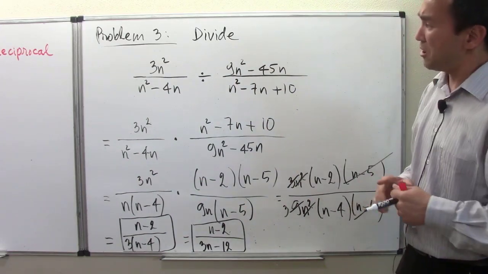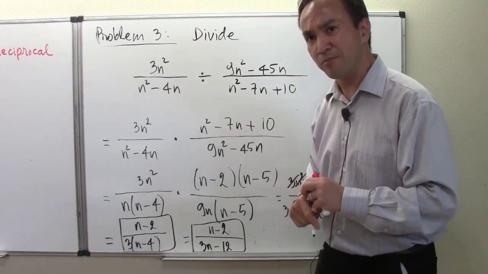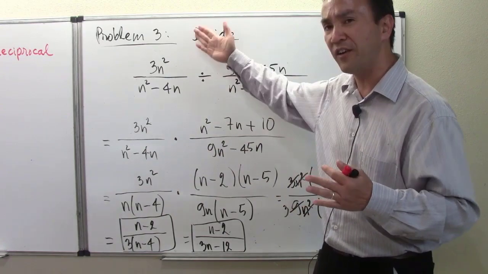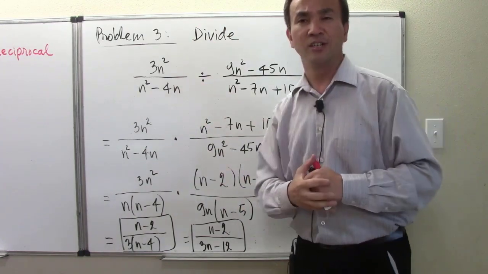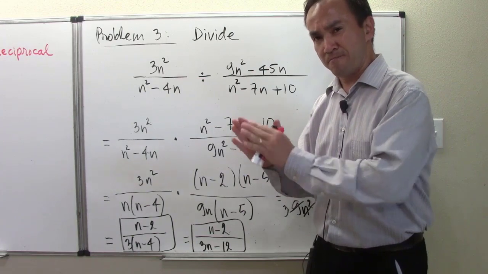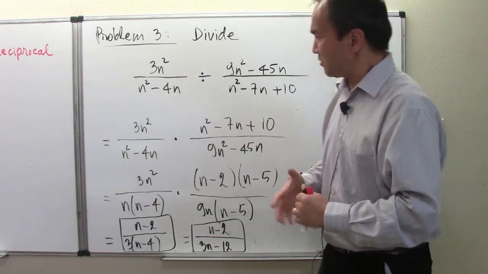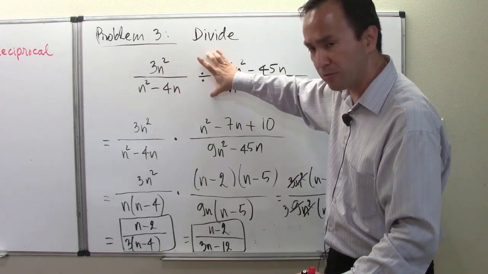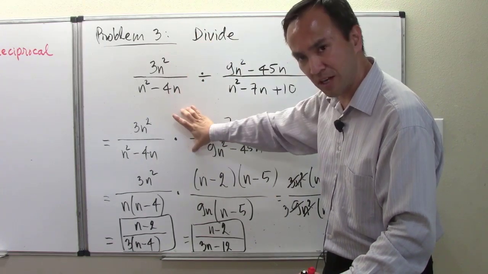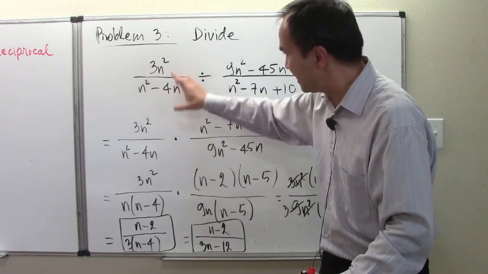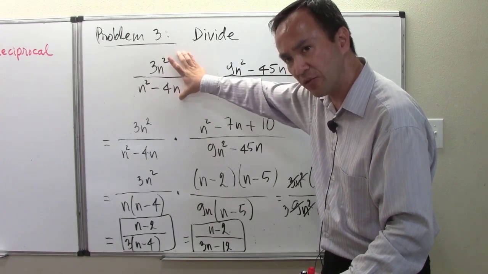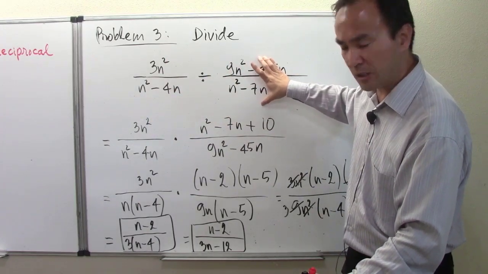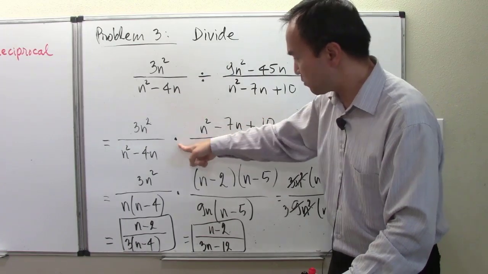Okay, and so problem 3 right here really showed us that the way we're dividing two rational expressions is exactly the way we've been dividing two fractions. The big fundamental here is to rewrite the division problem as a multiplication problem, where the first rational expression stays the same, and we rewrite the second rational expression as its reciprocal, and then take the product between the two.